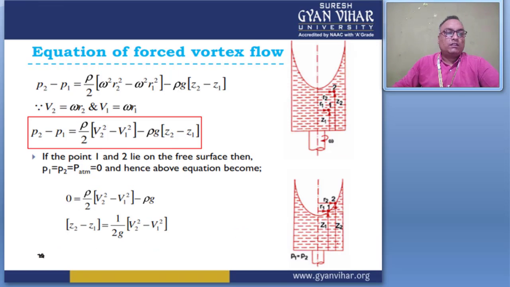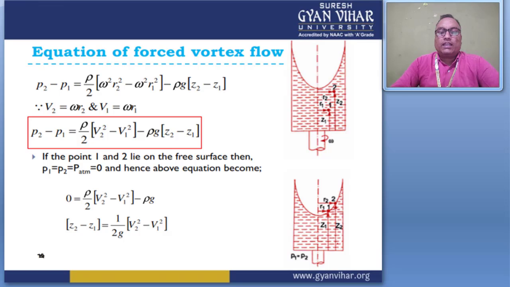For the equation of forced vortex flow, p2 minus p1 is equal to ρ/2 times (ω²r2² minus ω²r1²) minus ρg(z2 minus z1).